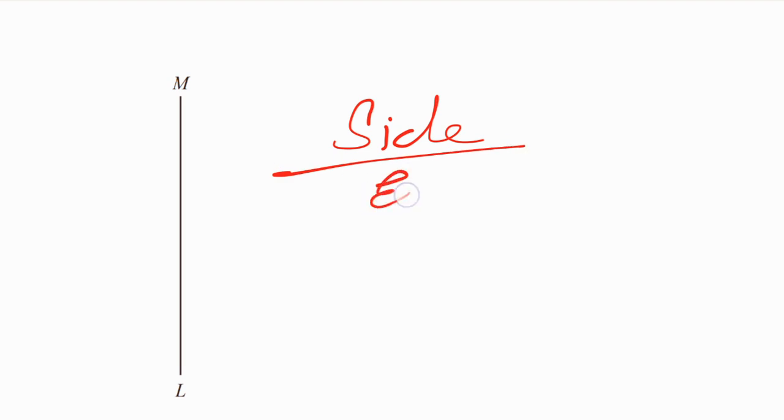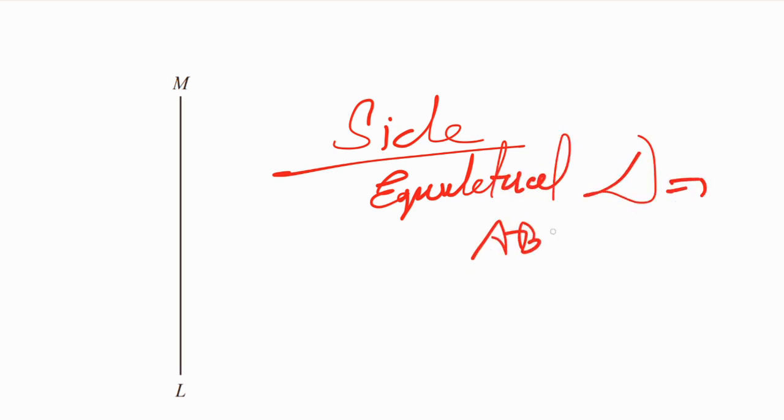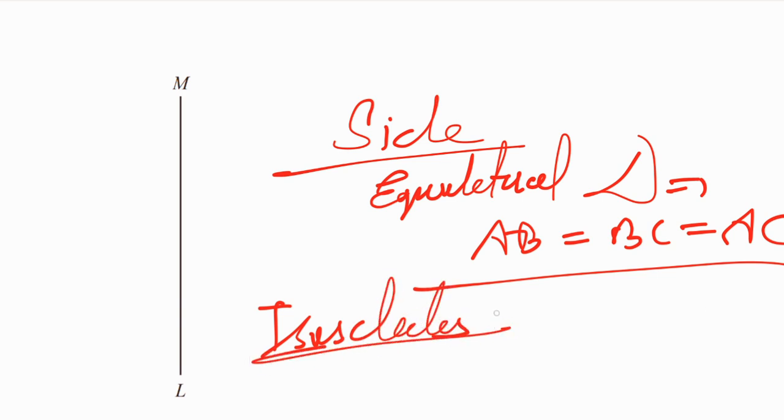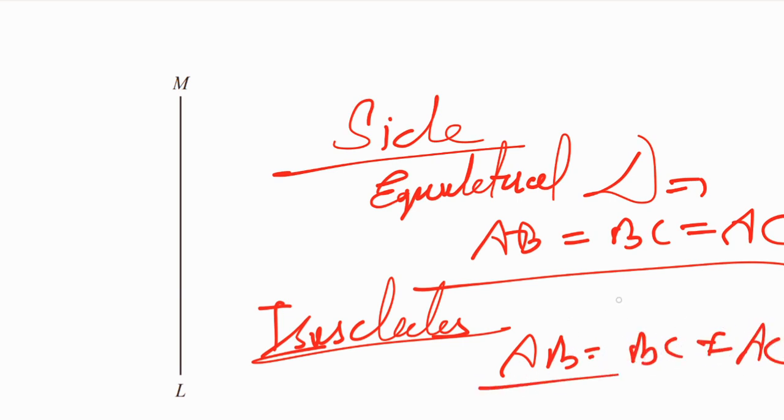In an equilateral triangle, all sides are equal, suppose AB, BC and AC are all equal. In the isosceles triangle, maybe there is a spelling error, please find the correct one. AB is equal to BC but does not equal AC. In a scalene triangle, no sides are equal.